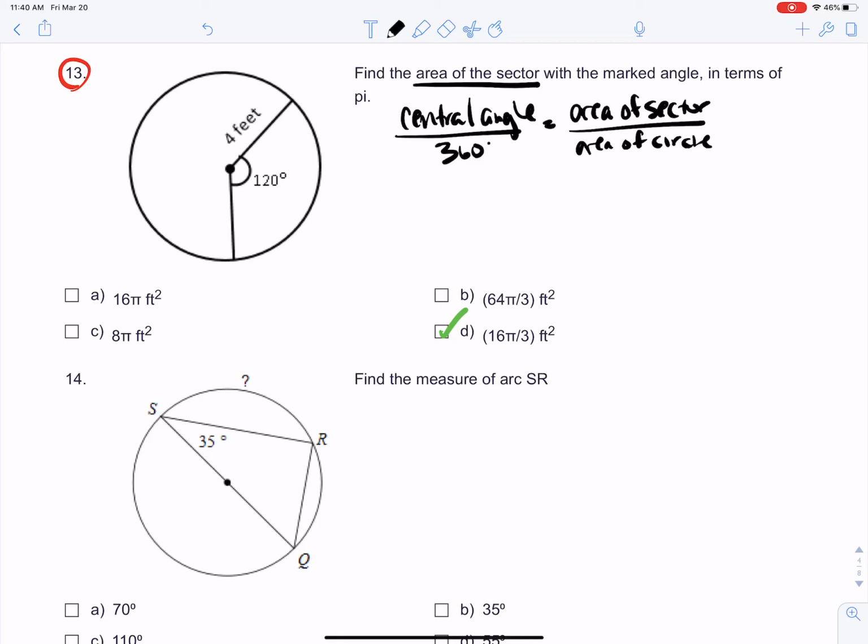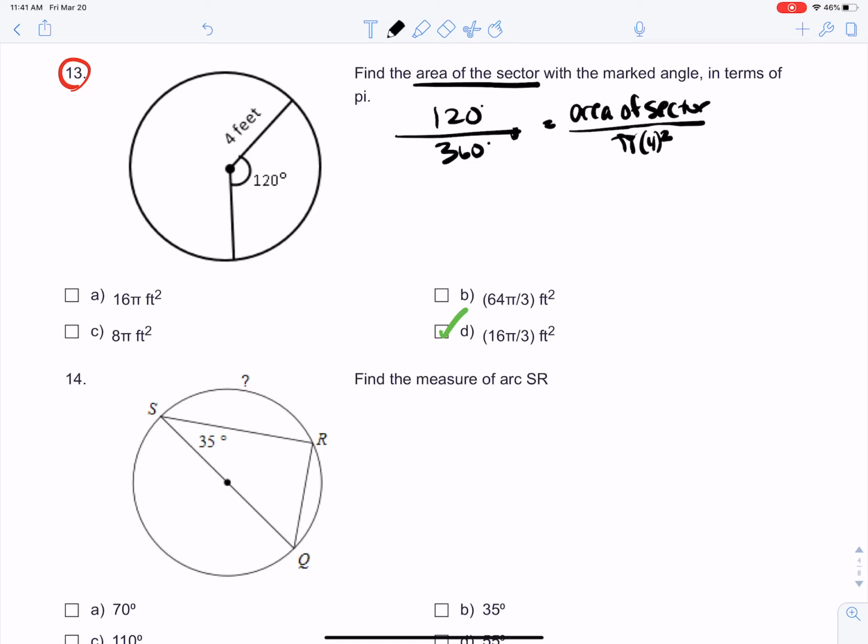So I'm going to rewrite the area of a circle as pi r squared. Our central angle in this problem is 120 degrees, and our radius is 4, so I'm going to do pi times 4 squared.